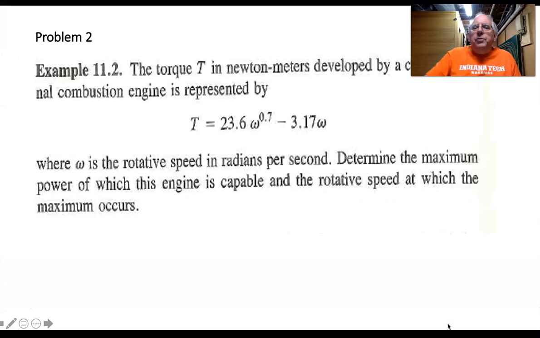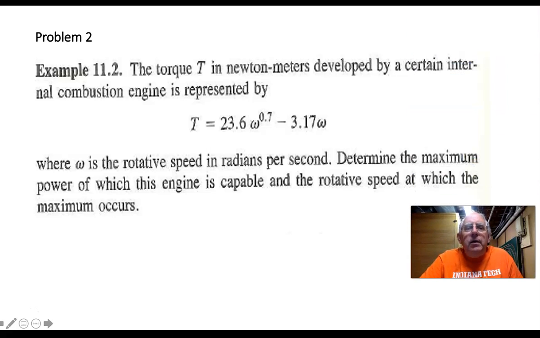Okay, now we're going to do a couple of additional problems using this geometric technique.